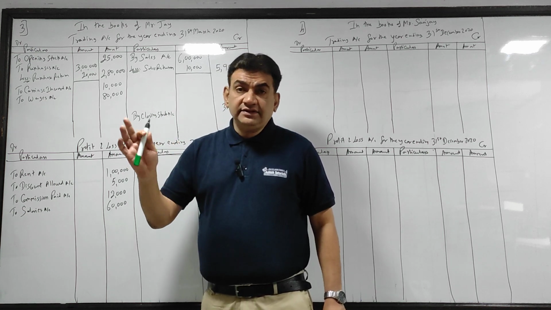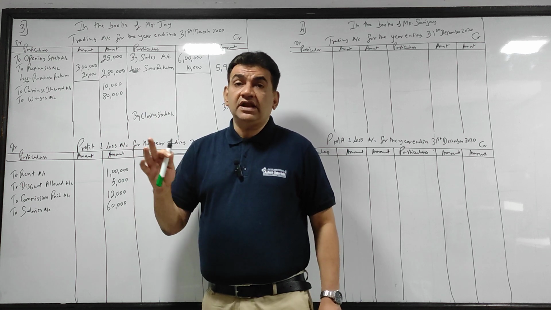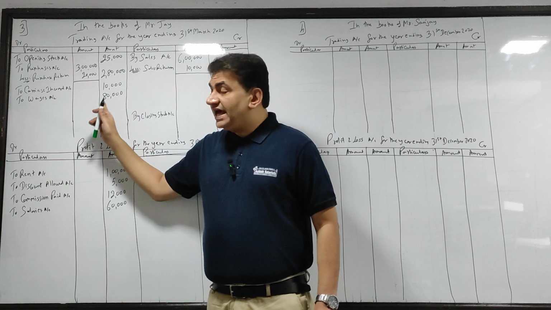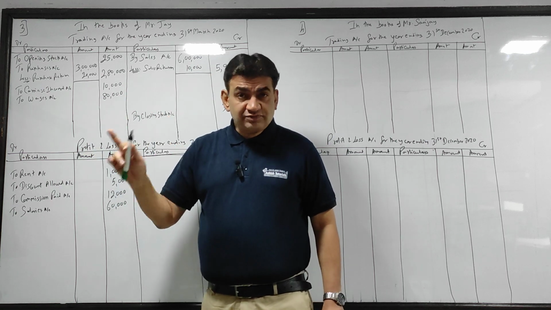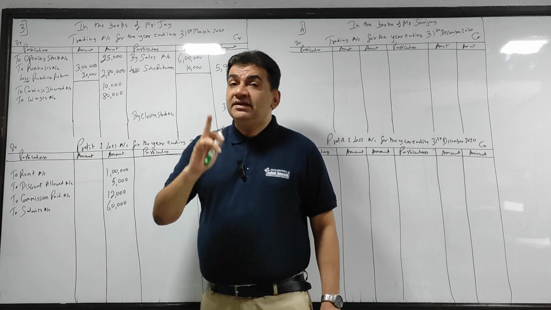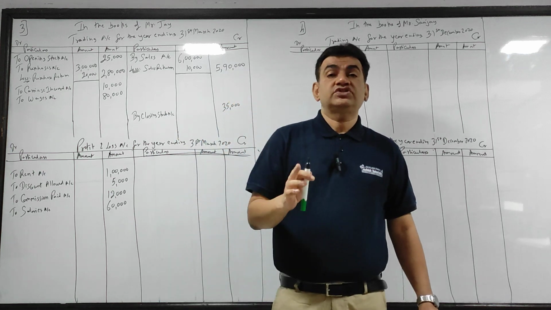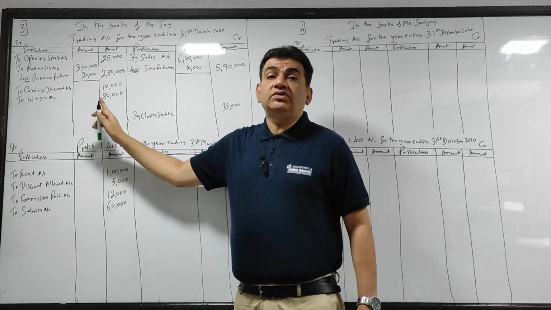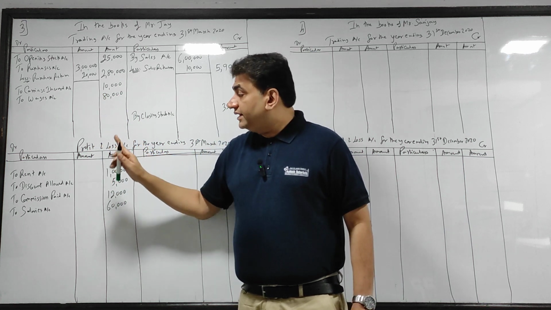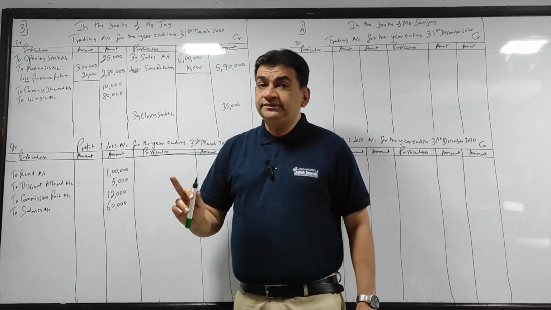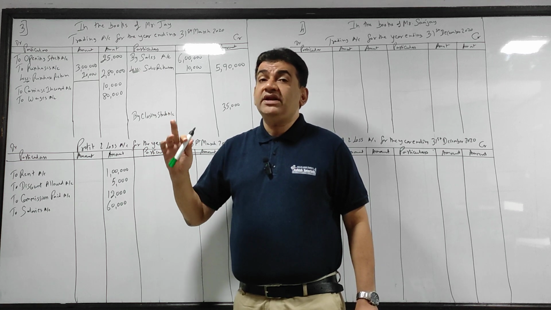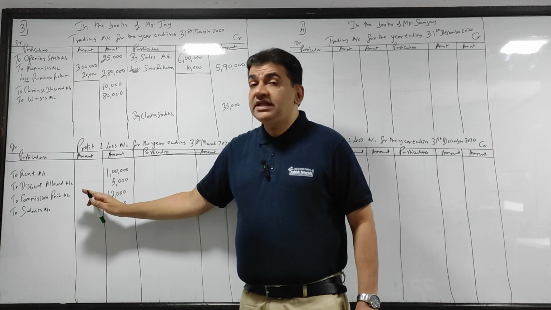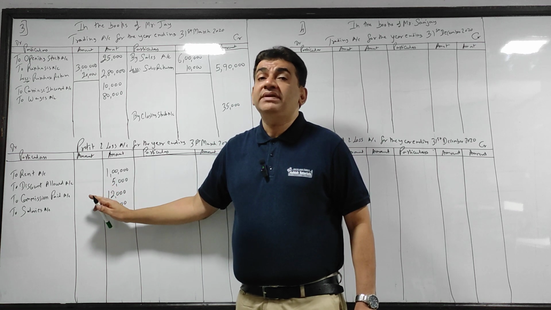Remember, at the start of the year we did the classification of personal, real, nominal; it had carriage inward and carriage outward both. So both are expenses, but carriage inward is transport charges paid on purchase of goods, therefore debited to trading account, and carriage outward is transport charges paid on sale of goods, an indirect expense, therefore debited to P&L.